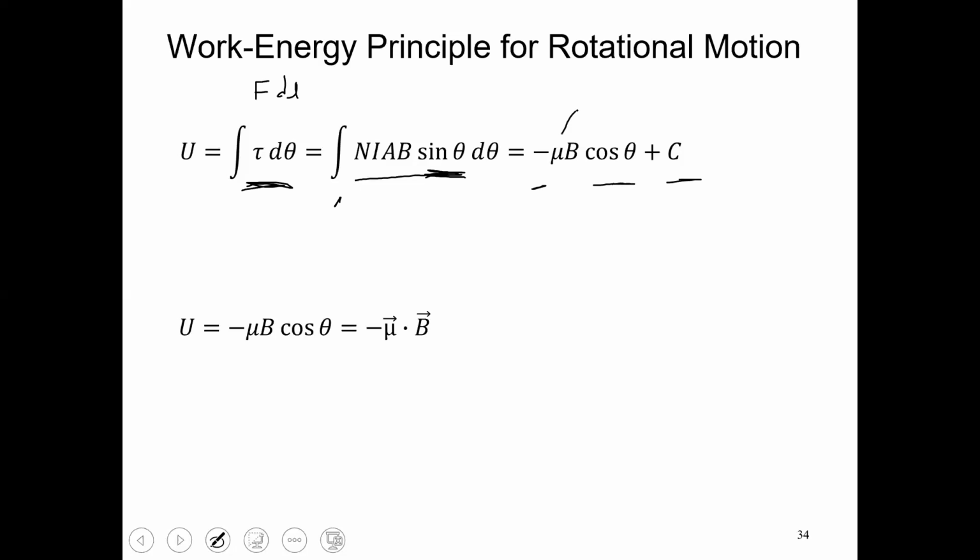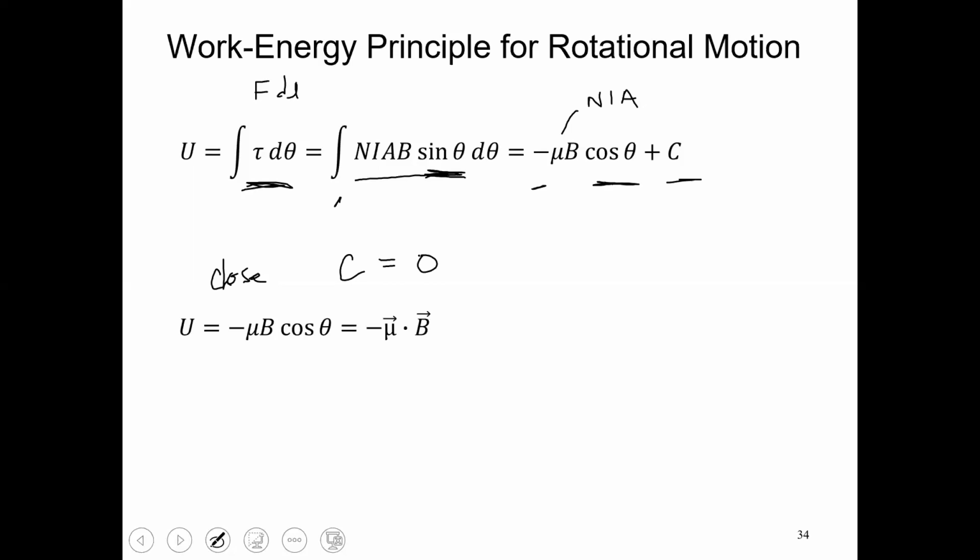And here, I've just substituted in our expression for magnetic dipole moment, which is N number of loops with I amount of current that describe an area A. So if we choose our minimum spot for our amount of potential energy to happen when you are at a certain angle, you are going to basically choose your constant of integration to be 0, right?